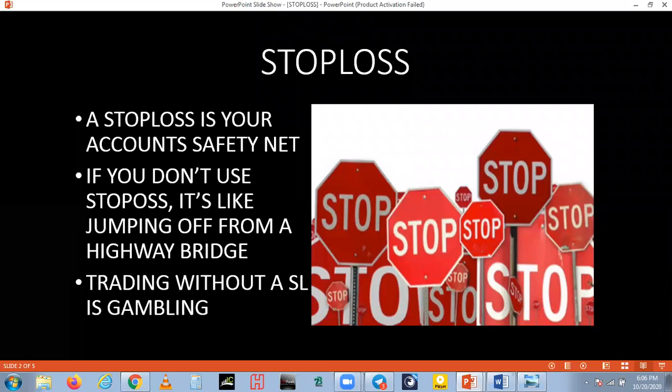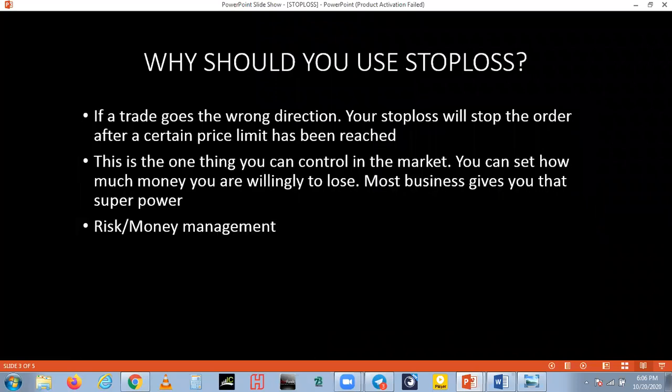Let's go on. So why exactly should you use stop loss? Why are you asking me to use stop loss? What's the importance? I've mentioned one already: it's a safety net. Another one is, if a trade goes in the wrong direction, your stop loss will stop the order after a certain price limit has been reached.